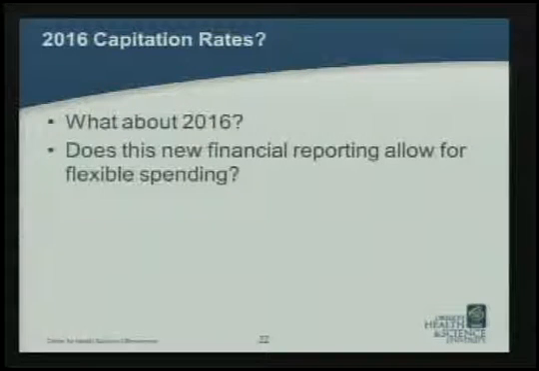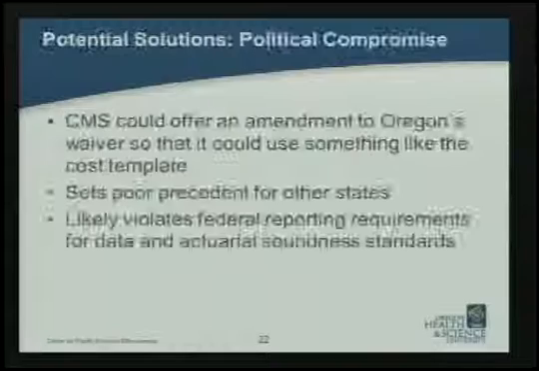Is there still room for coordinated care organizations to be engaging in the flexible spending, or spending based on value or outcomes, that they originally set out to do? To me, this is still lingering, and it's something that we're only going to be able to see moving forward.